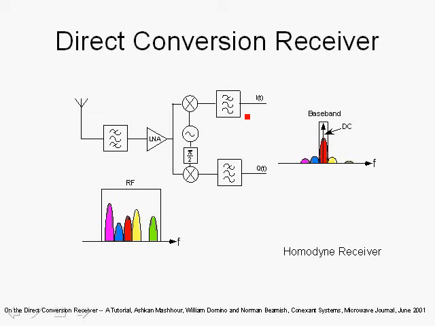The reason for that is we don't want to implement complicated filters in the analog domain or the baseband domain. If the filter were to actually eliminate the adjacent channel, first of all, these filters would need precision components. It would be difficult to match them between the I and Q channels, and of course they would consume a lot of area and power in order to meet the stringent requirements to eliminate the adjacent channel.